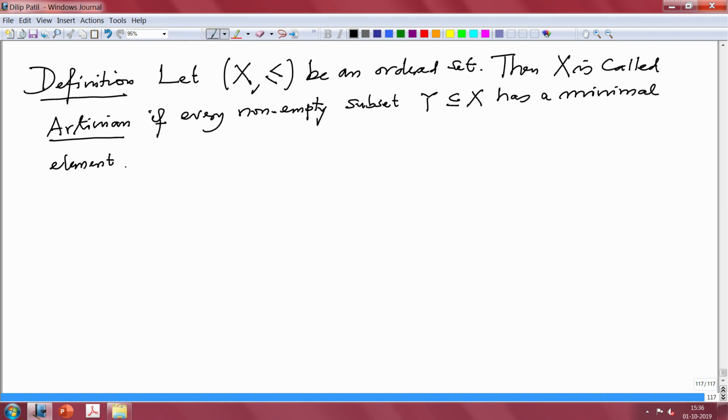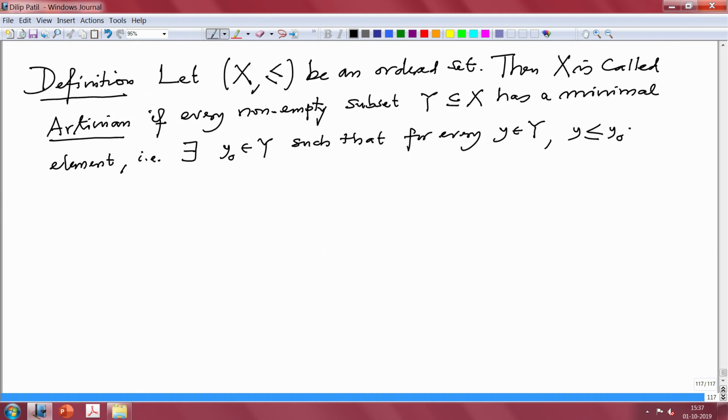And what is the minimal element? There exists y naught in Y such that there is no smaller than y naught anybody in Y, such that for every y in Y, if y is less equal to y naught, then we should have y equal to y naught.